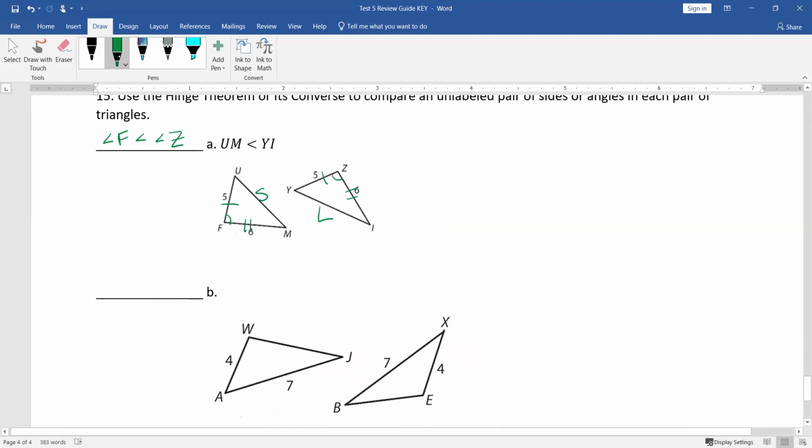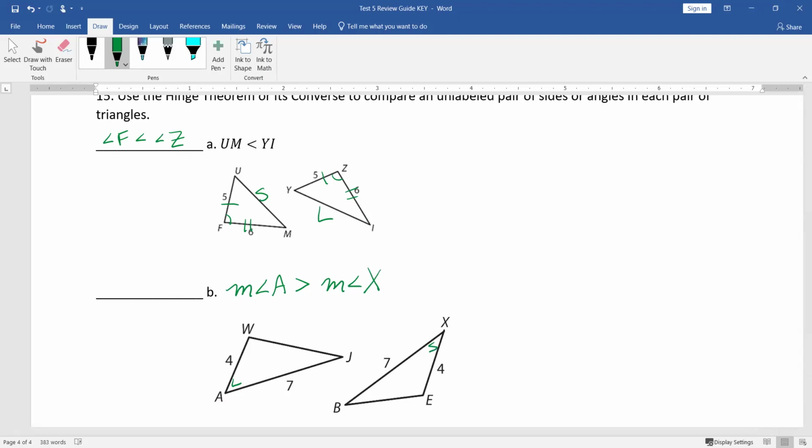All right. So for this one, I'm going to say that angle A, so add this next to B, because I apologize, I forgot. The measurement of angle A is greater than the measurement of angle X. So A is the larger, X is the smaller.